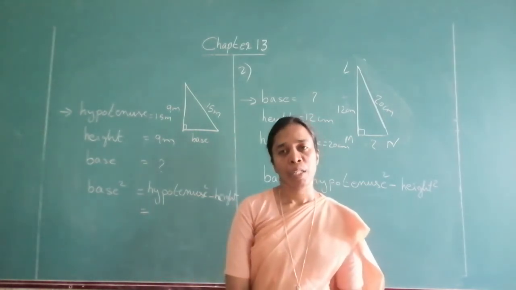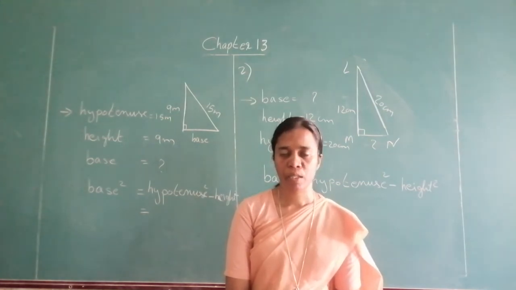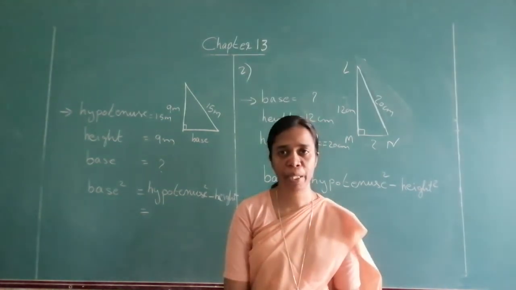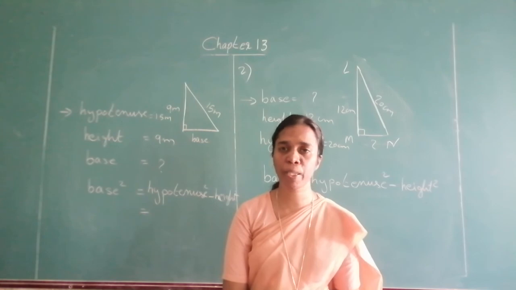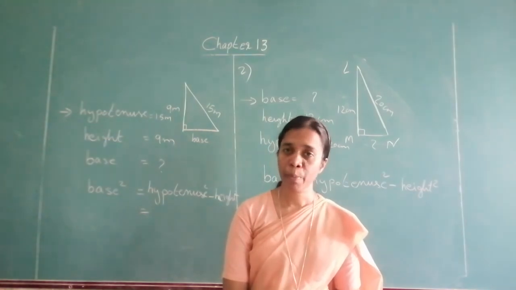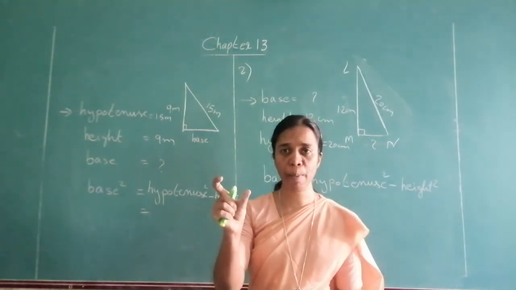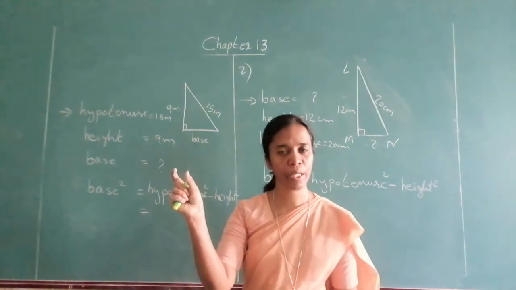Now, whichever is missing, whether it is hypotenuse, base, or height, you have only one formula, that is hypotenuse square is equal to base square plus height square. If it is hypotenuse, you know that it is the sum of base square and height square.